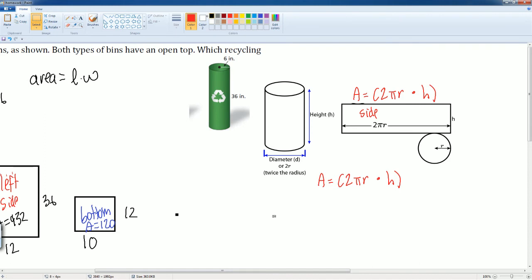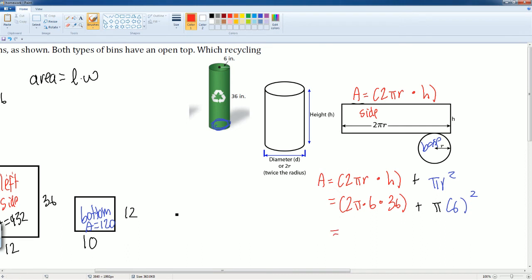Then we add that to the bottom, which is a circle. This is the base, and that is going to be pi r squared. Let's plug in some values now. 2 pi r, r is 6, times height 36, plus pi times 6 squared.